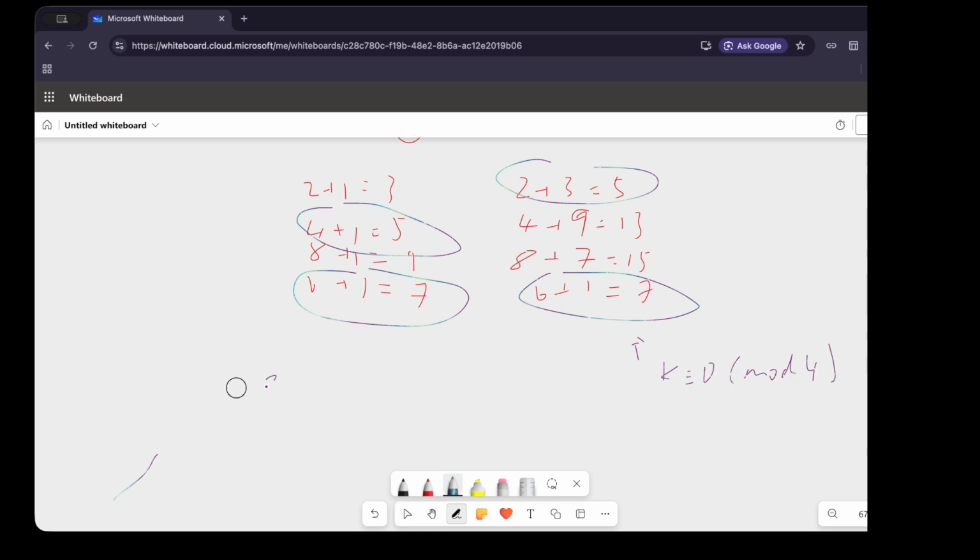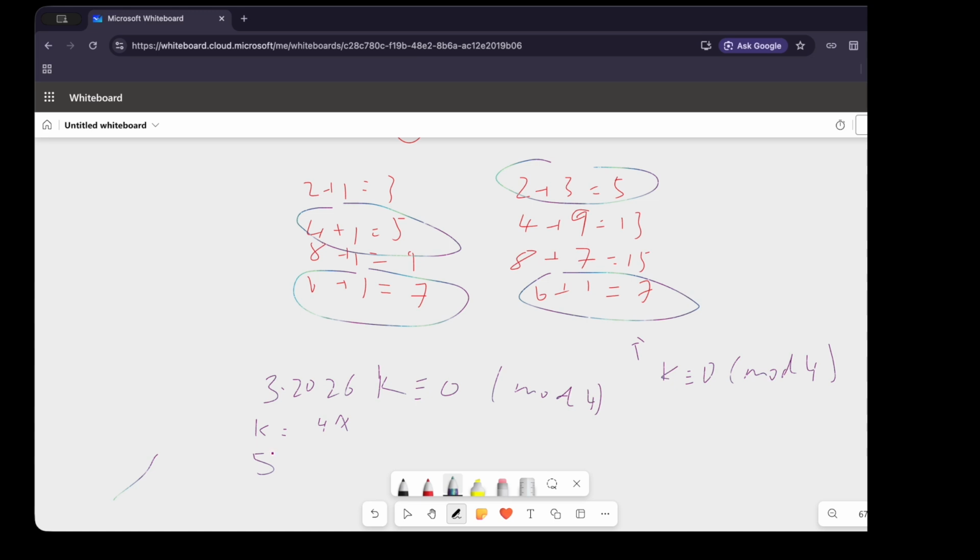We get 3 times 2026k should also be congruent to 0 modulo 4, which means as long as k is a multiple of 4, they will have the same unit digit.